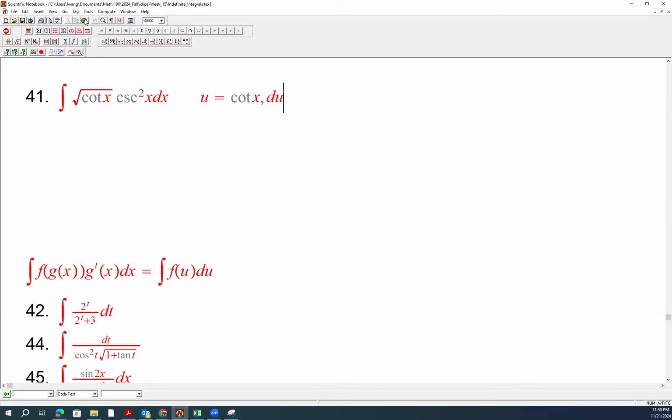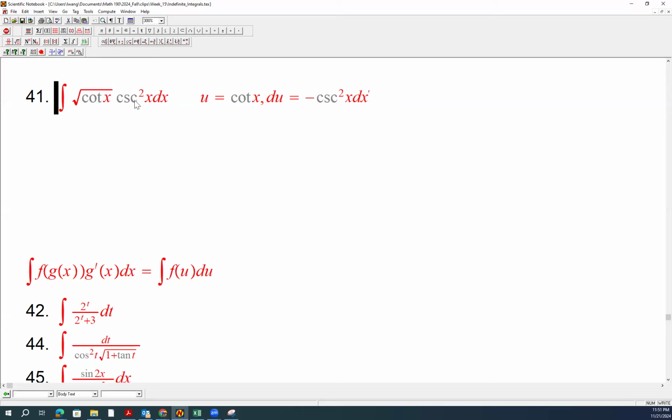So du equals cosecant squared x dx. Do we have a negative sign here? Let me double check, okay? All right, I did check that there's a negative sign. Okay, that's what I suspected.